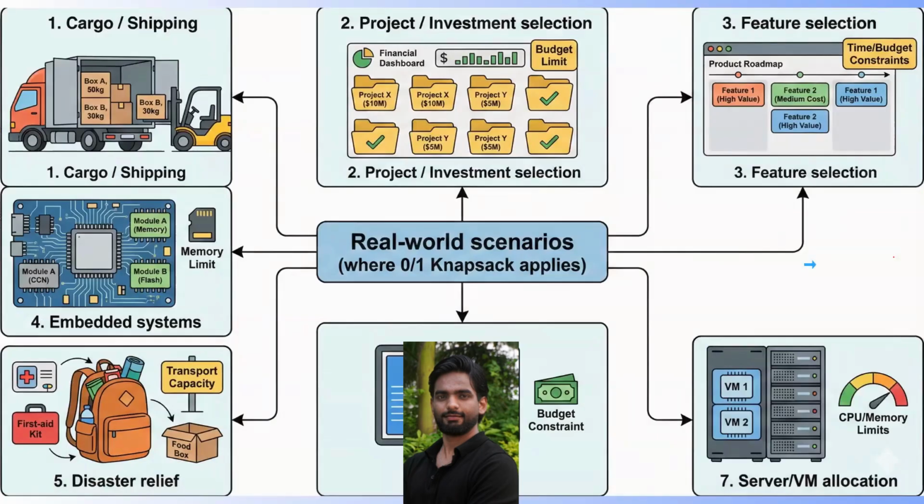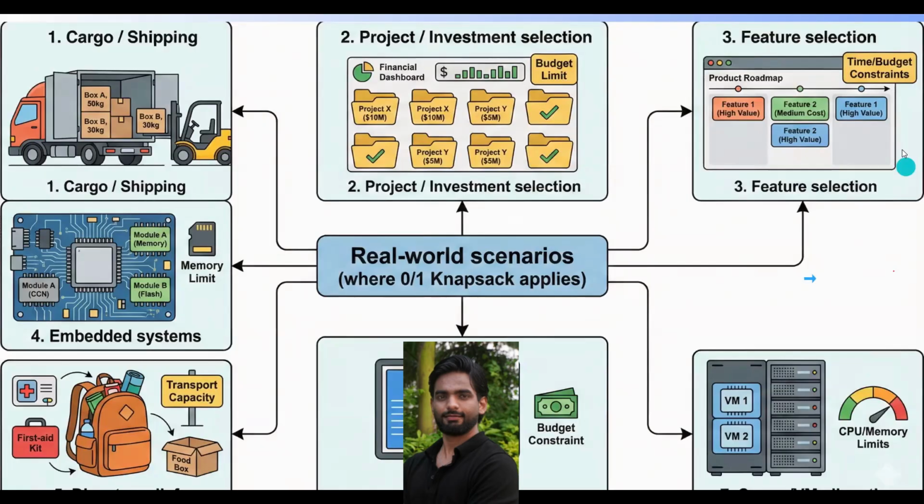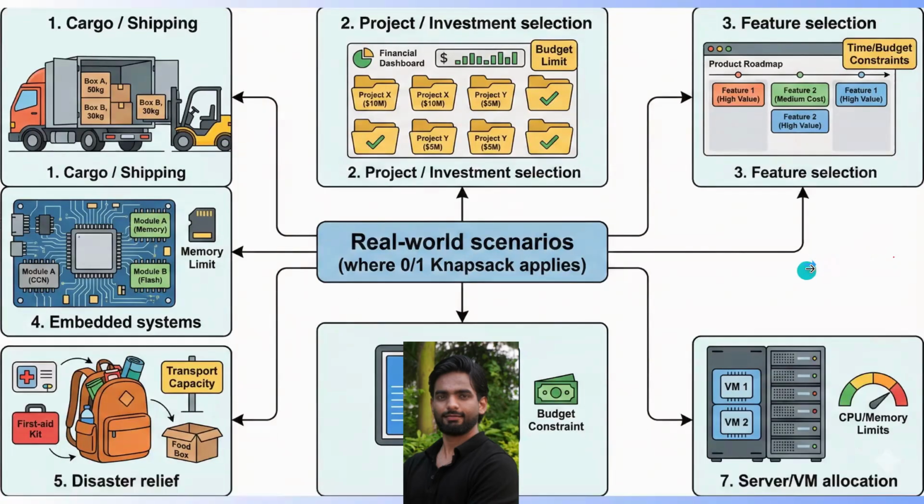So now let's ask ourselves, where do we use the knapsack problem in our day-to-day life? We might not notice it, but knapsack is all around us. From shipping our Amazon and Flipkart parcels to cargo shipping methods, we use the 0/1 knapsack. Also, in our own university, in embedded systems, we use algorithms for solving module functions using 0/1 knapsack.